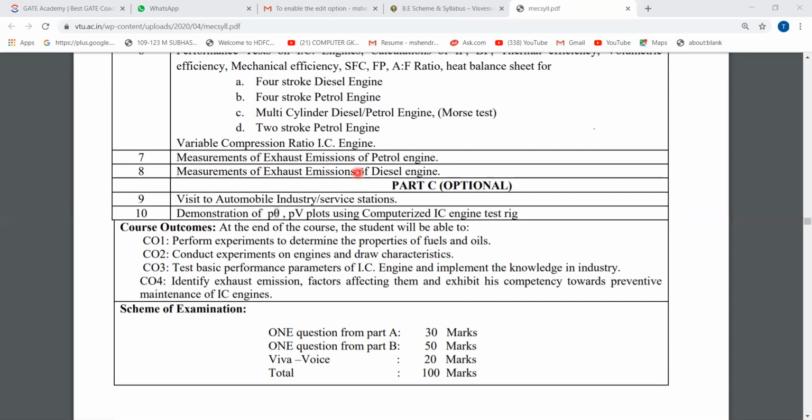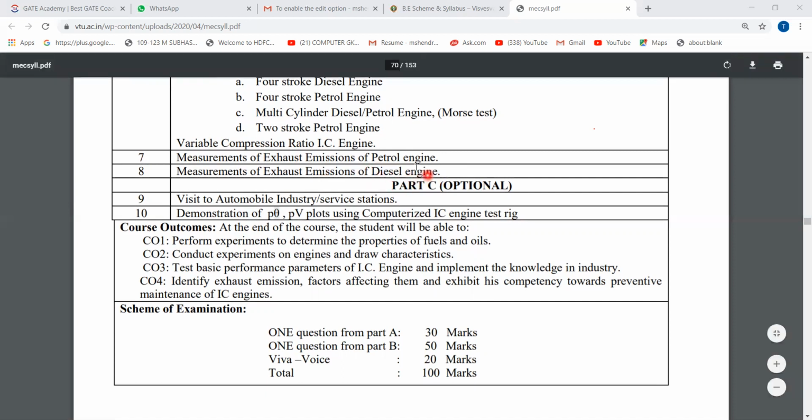Similarly, the same thing will be repeated for the diesel engine as well, that is experiment number 8.